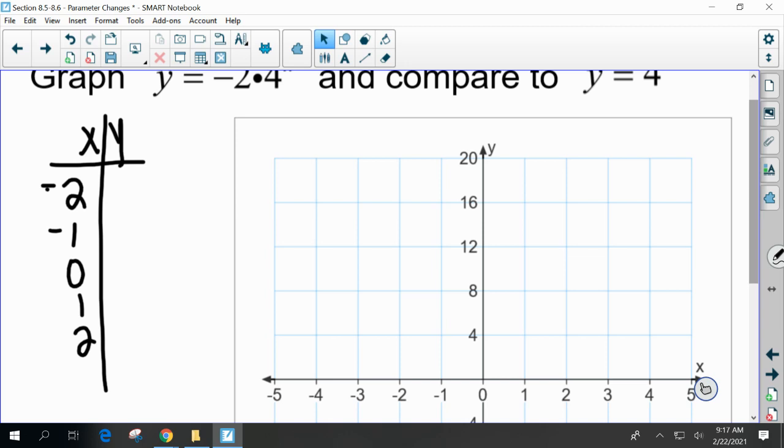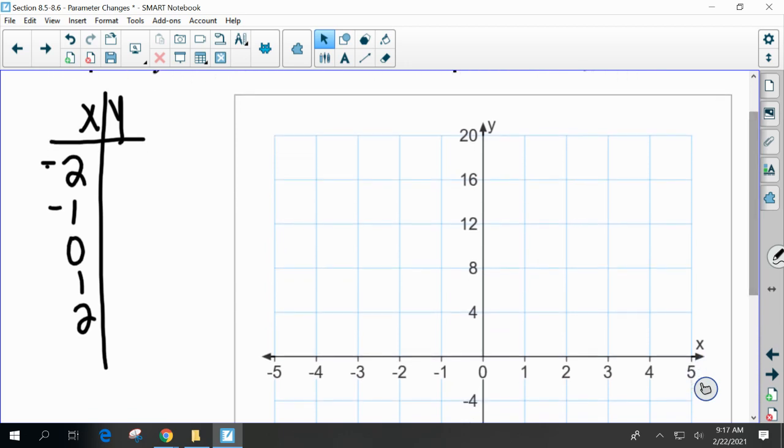Okay, so what would you end up getting for -2? -0.125. Yep. And then for -1, I got -0.25. Did anybody else get the answer for -1? I got -0.5.